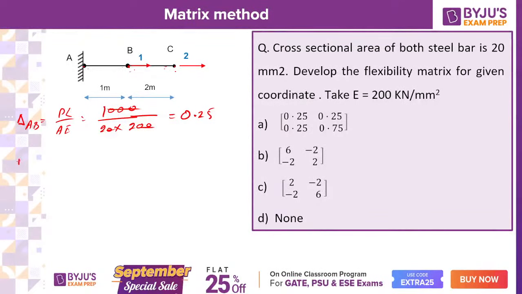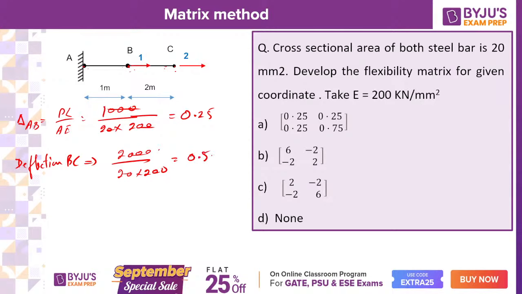Only for the unit load, the deflection of the BC member will be PL by AE. Once again, P is 1, the length of the member is 2000 mm divided by AE, that's L by AE. A is the same and this is also 200.